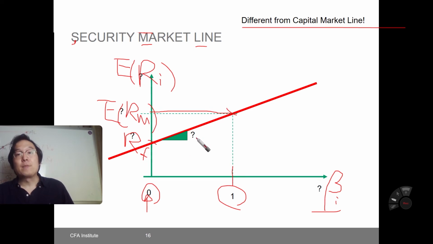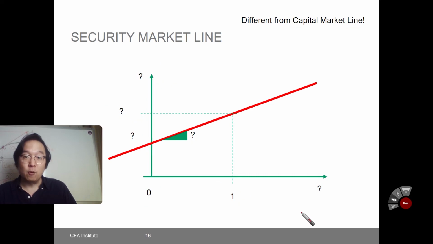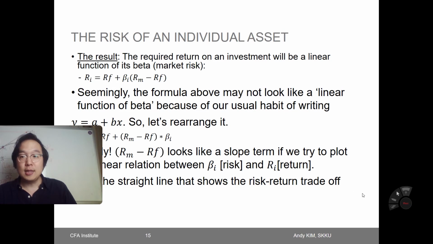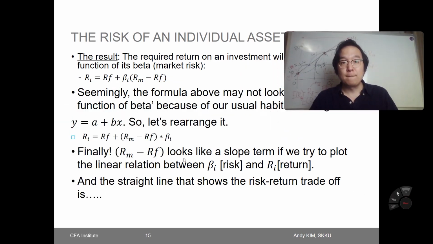And the important thing is, what is this slope term? If we go back one slide, you realize that the slope term should be R_M minus R_F, as you see down here.